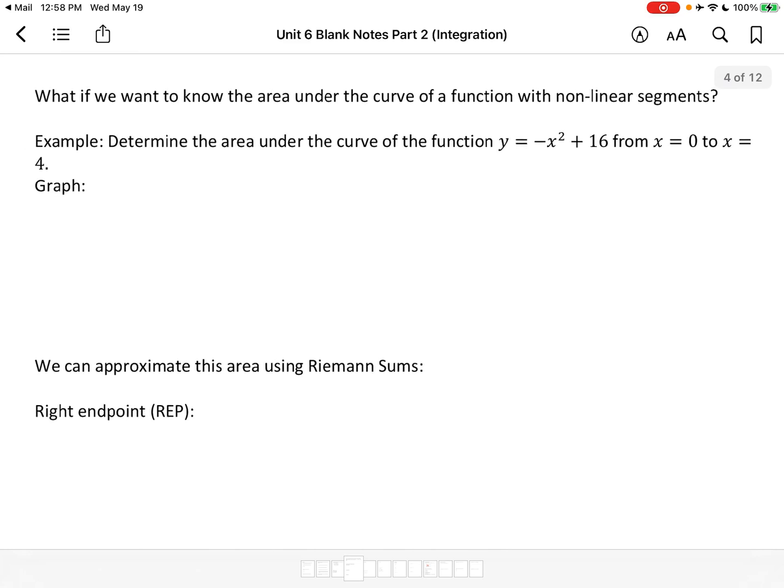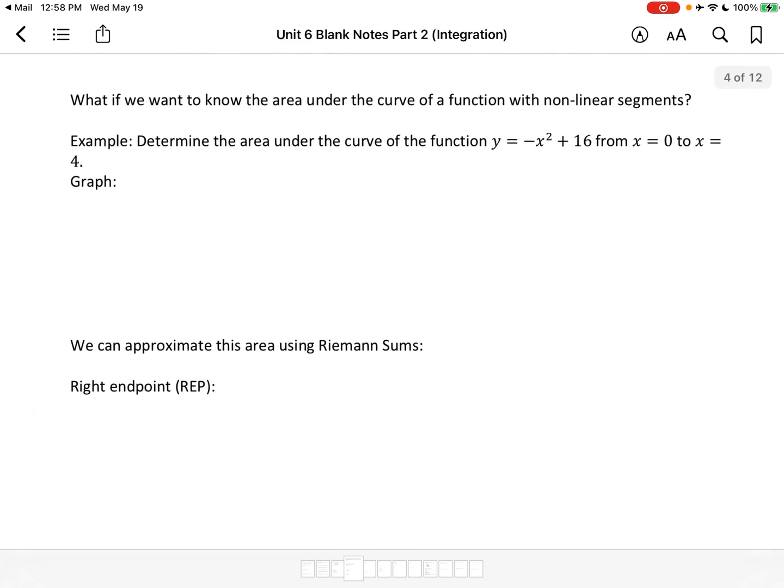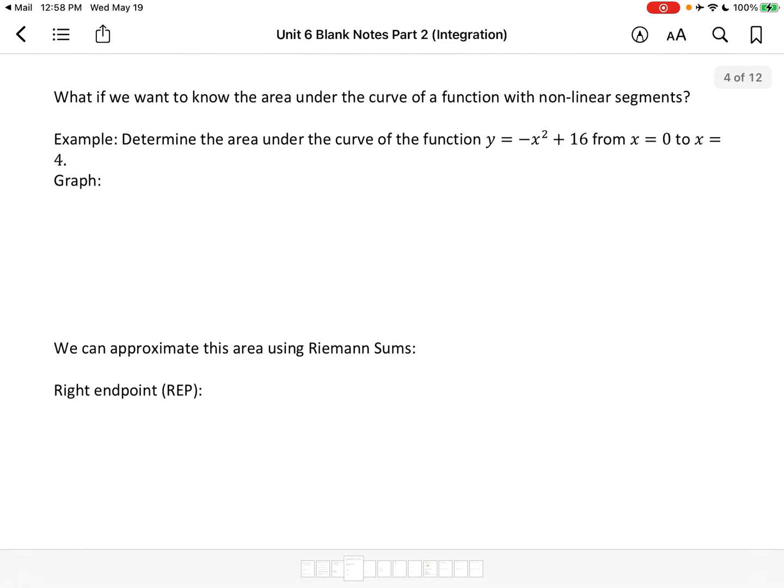Determine the area under the curve of the function y equals negative x squared plus 16 from x equals 0 to x equals 4. If we think about this function, this is a parabola, the graph of y equals negative x squared, which is like x squared but flipped downwards, and it's been translated up 16 units.